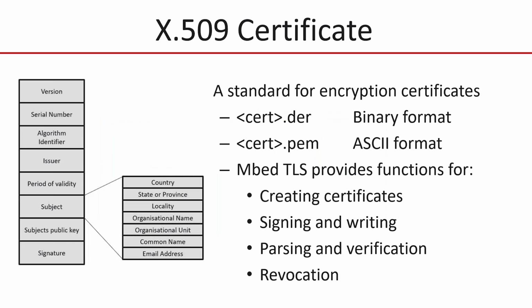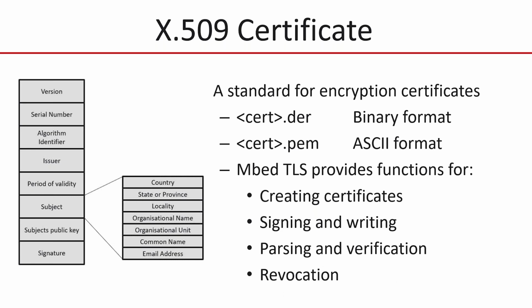So within an X.509 certificate, we'll have our own public key and then a signature of the certificate authority at the bottom. Within the subject area, we'll have all of our details plus a field called the common name.